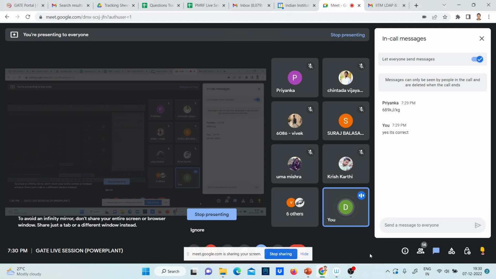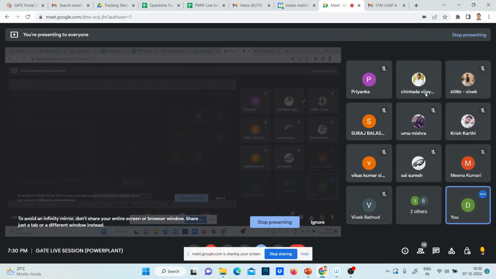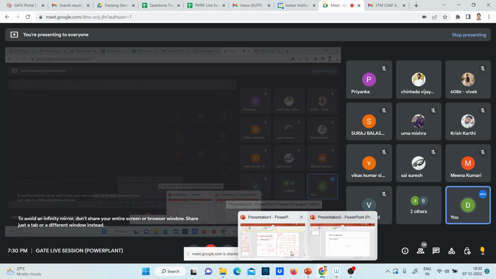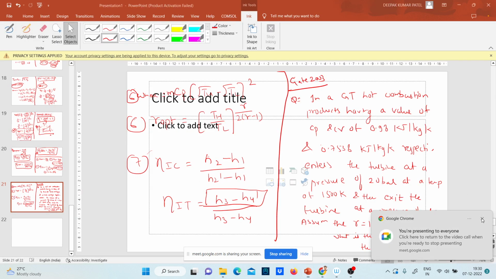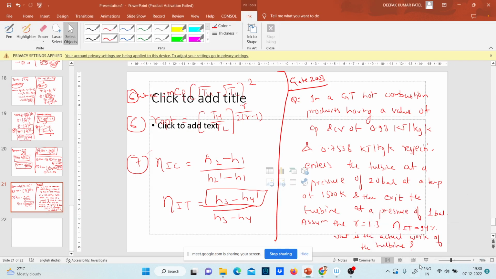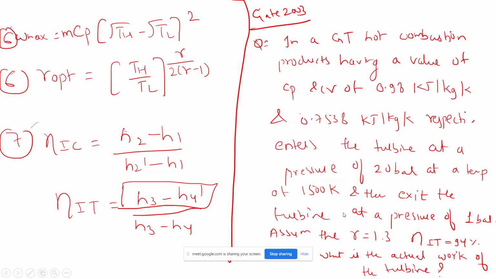Yes, it's 689 kilojoule per kg, it's right. Okay, I'll tell you the procedure for how you can solve this problem.